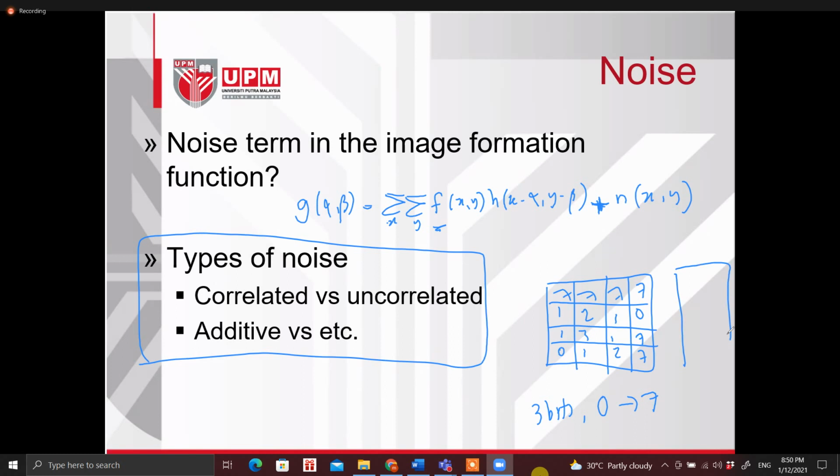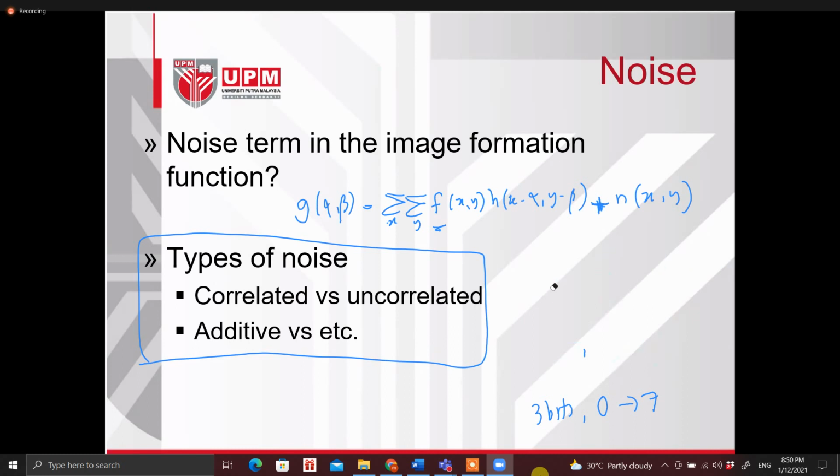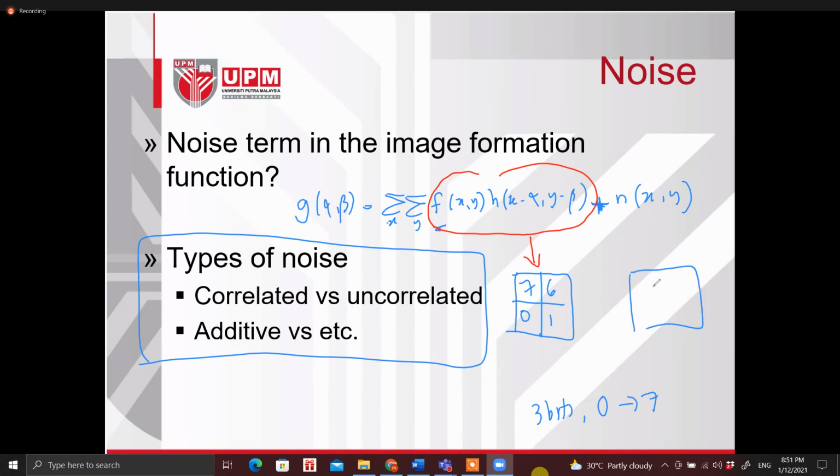Let me give an easier example. Let's say I only have a 2x2 image of 3-bit color, say 0, 1, 7, 6. This image comes from the whole term here. Then the noise we may have is like 0, 1, 1, 1.